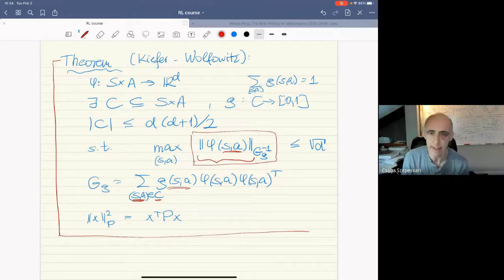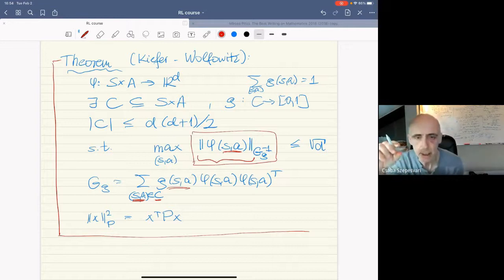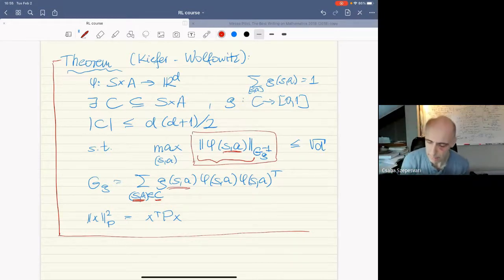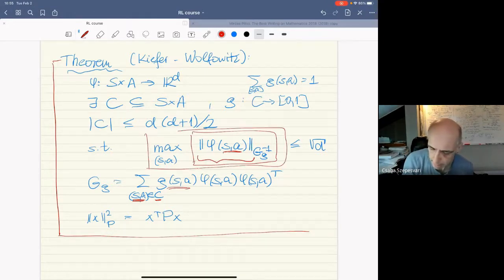So this is the blow-up factor of the error. If you are measuring the responses with an error of epsilon, then if you solve the underlying weighted least squares problem, some Cauchy-Schwarz inequality gives you that the error blow-up is this quantity here. And the Kiefer-Wolfowitz theorem tells you that you can control it. The blow-up is at most square root of d.